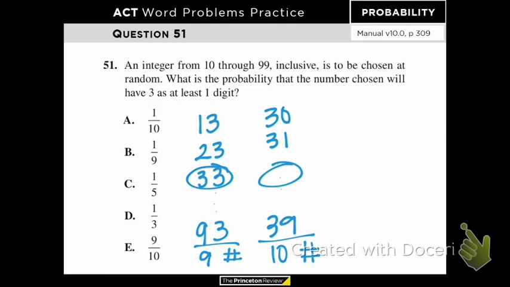So far we're up to 19, but you actually want to subtract one off to get a total of 18 because you double counted 33. Okay, so there are 18 total out of, because you're trying to find the probability, so how many numbers are there? 10 through 99. That is 90 total numbers. So 18 over 90 is equal to 1/5.